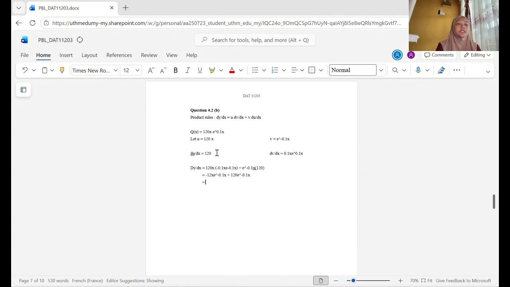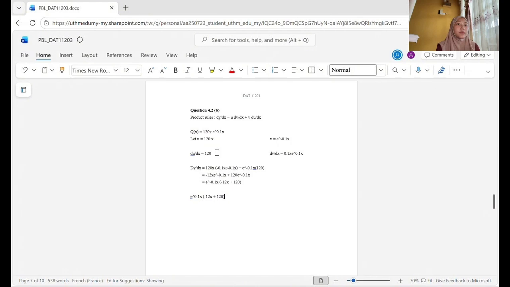Then we simplify the equation to dQ over dx equals e to the power of negative 0.1x times (negative 12x plus 120). To find the critical point, we set the derivative equal to 0.